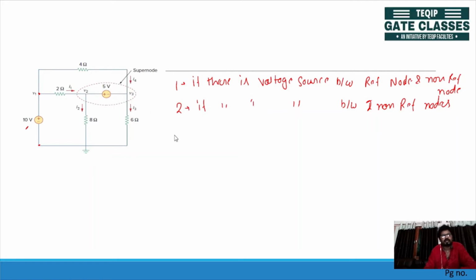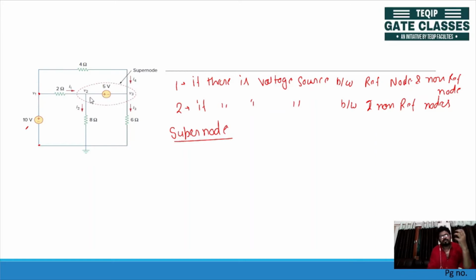Here we'll apply a new concept, it's called super node. What we'll do in the super node concept, you don't have to apply KCL here at node 1 because the value of this V1 is 10 volt directly.